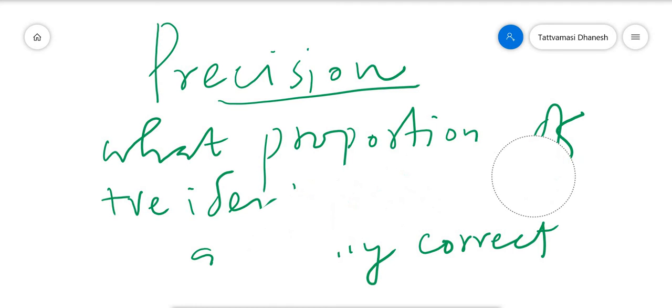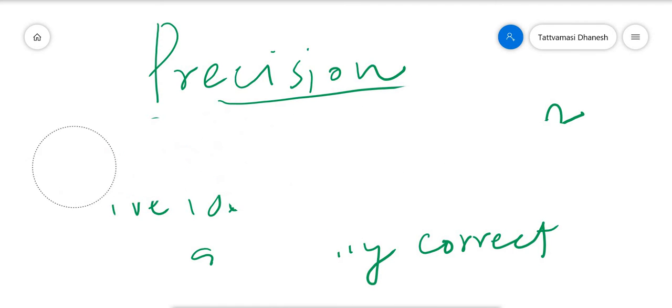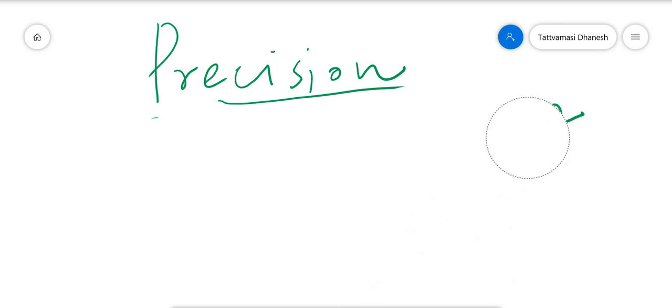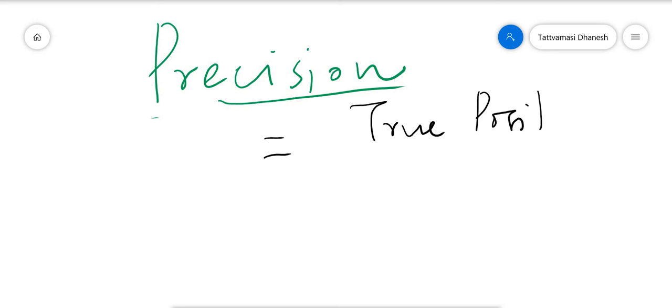Then I will give you a very important formula for precision. Precision is equal to true positive, we discussed what is true positive, true negative, all aspects we discussed.